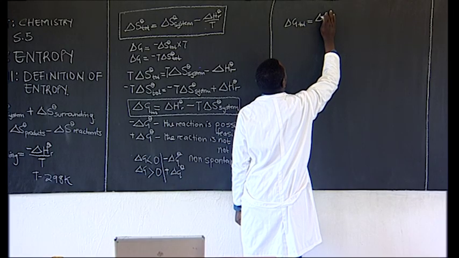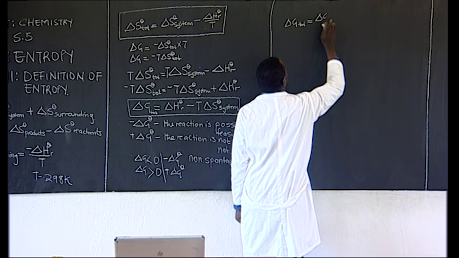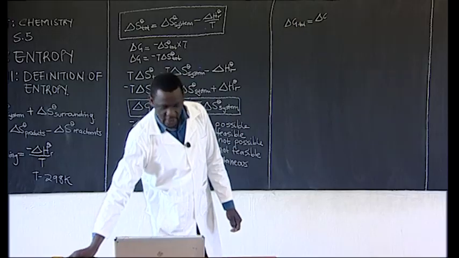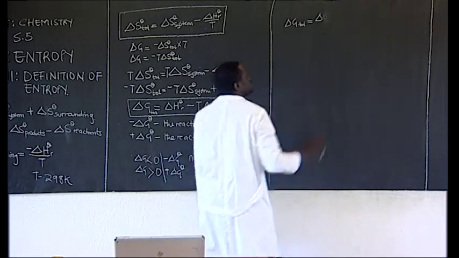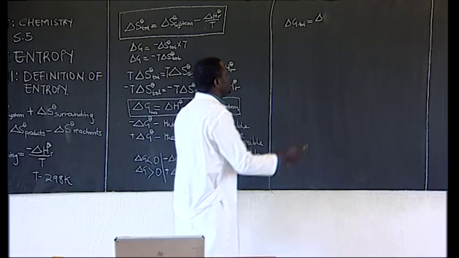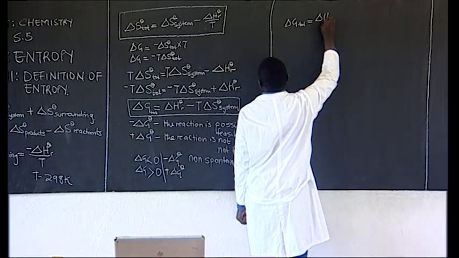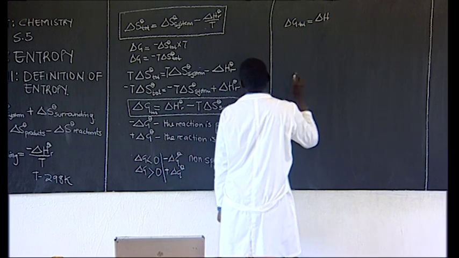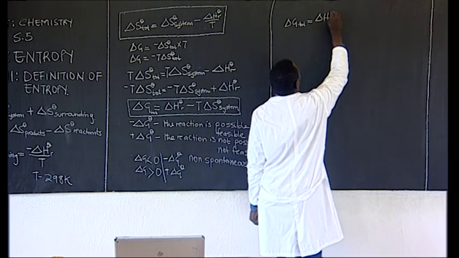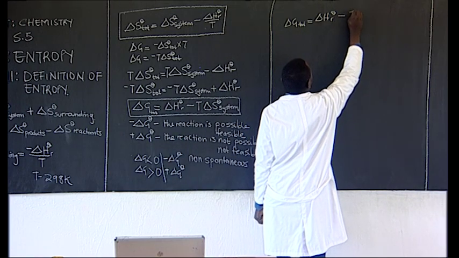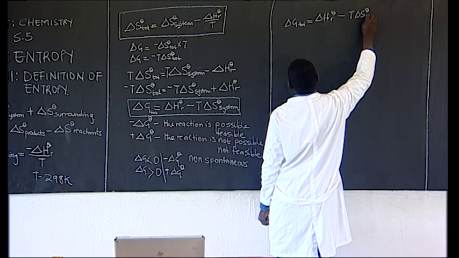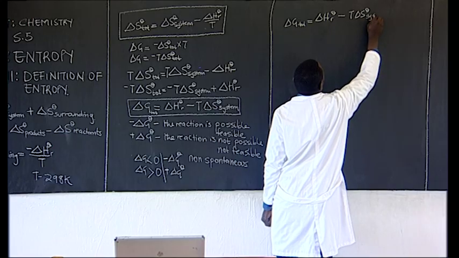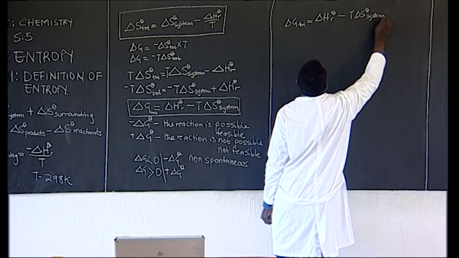So we have here, delta H of reaction minus T delta S of the system.